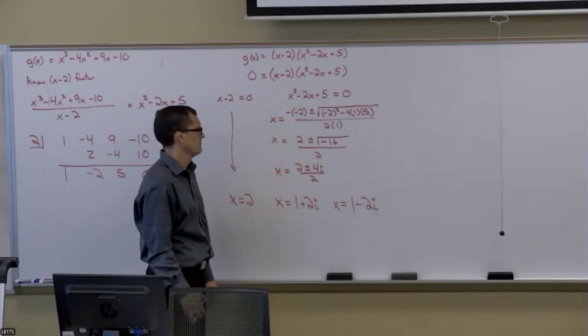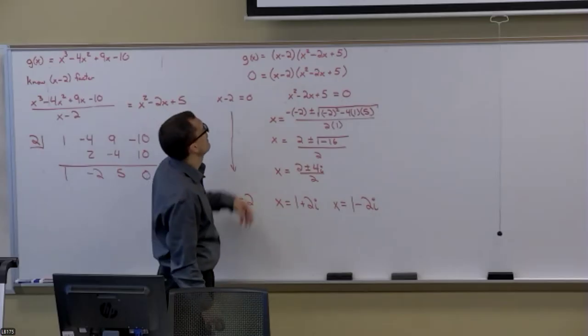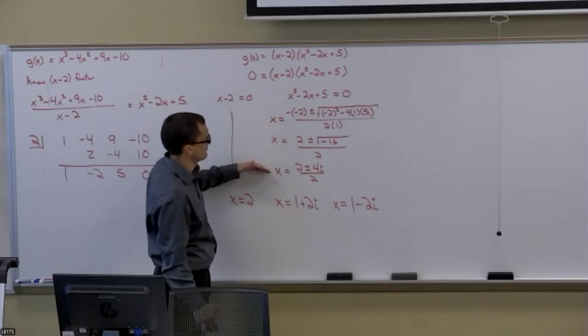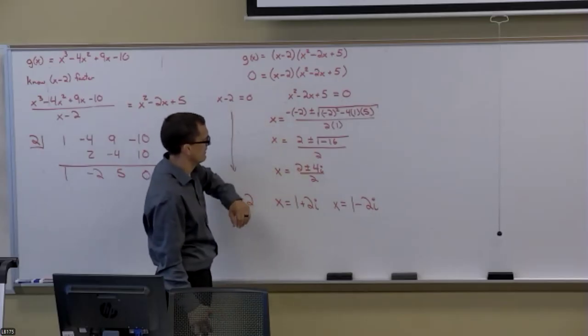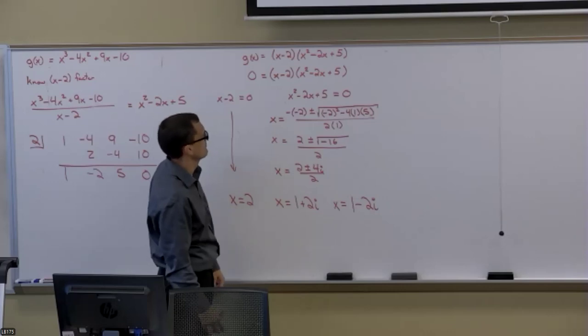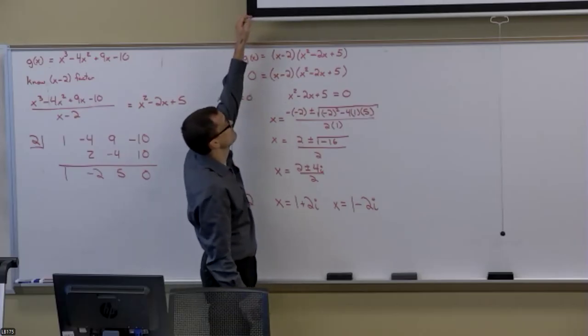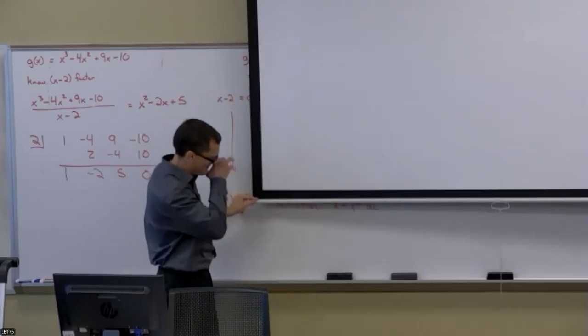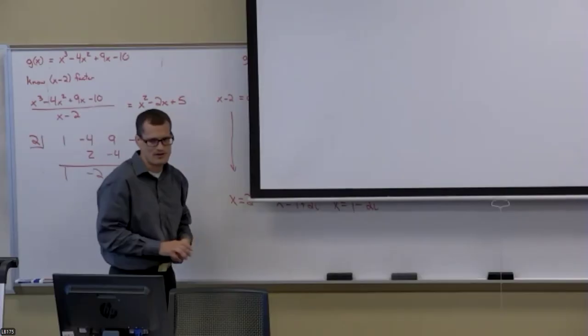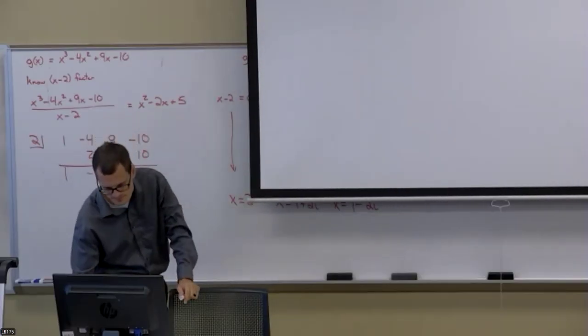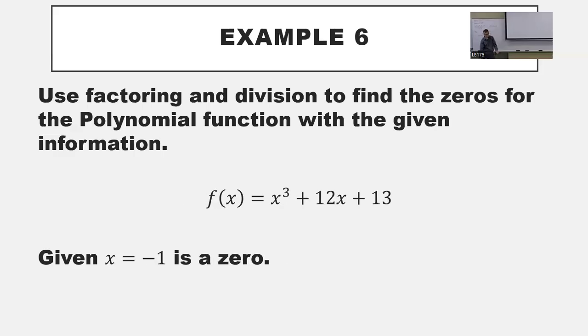And that's fine as well. So you might get real number answers, or you could get, like in this case, complex number answers by, excuse me, quadratic formula. Is that all right? Not too crazy?